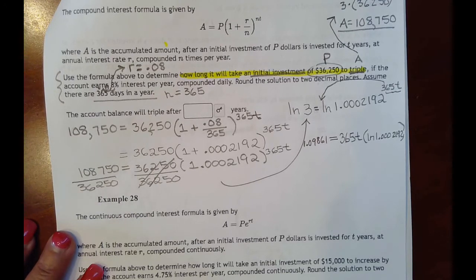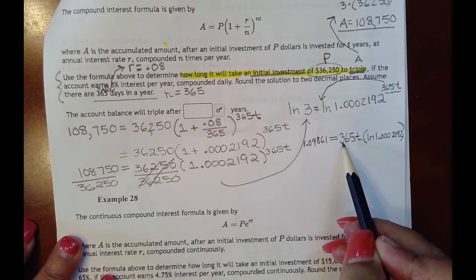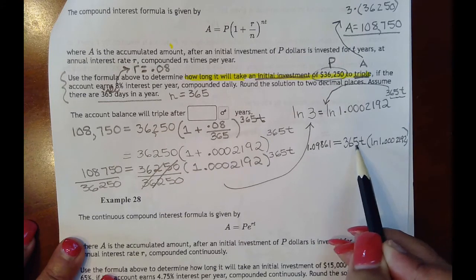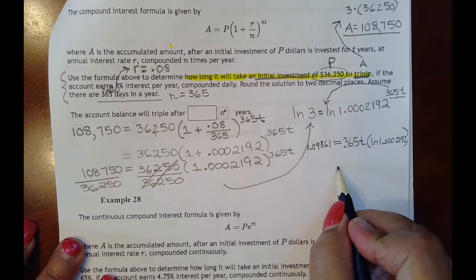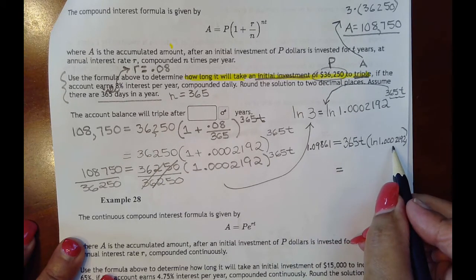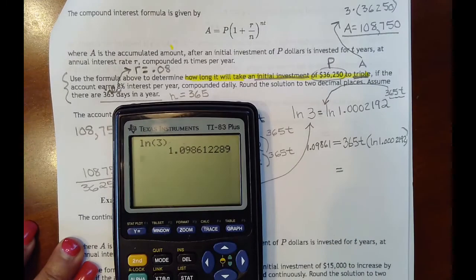Okay, so then let's see. Now what we can do is we have 365 times the decimal that represents ln of 1.0002192 times t. T's wedged right in there, and we can get a single coefficient instead of one here and then a number in back of it. So let's go ahead and do that.